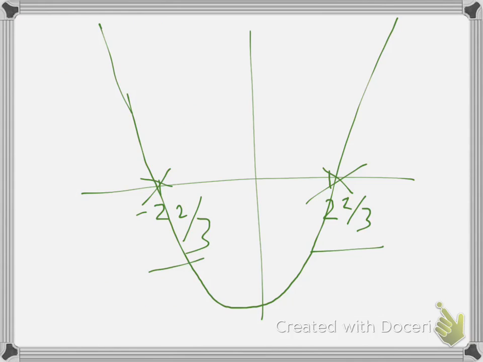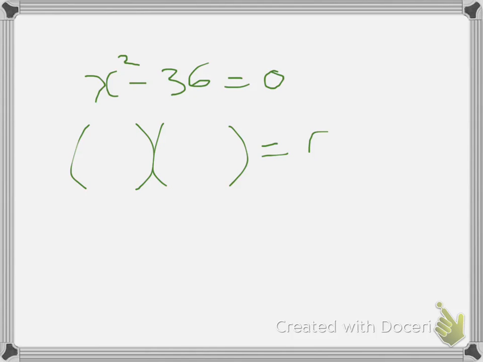Choose another problem like, oops. What about x squared minus 36 equals 0? What about that one? Notice there's some x squares, therefore you have to be able to factorise it like this.